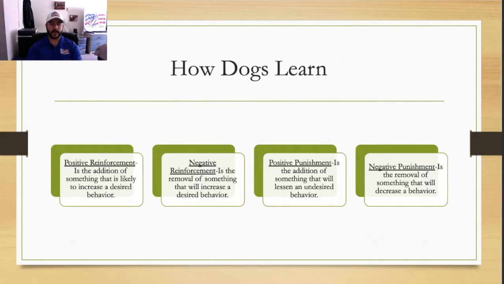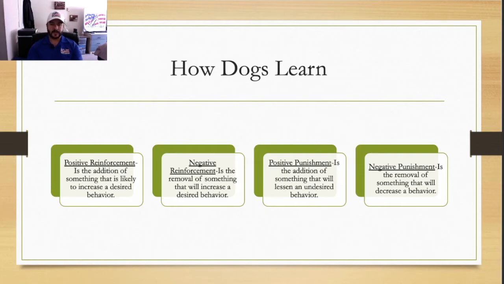So now we're going to move on to how the different types of conditioning apply. The next part that we're going to go into is positive reinforcement, positive punishment, and negative punishment. The first one is positive reinforcement. Before I go into that, yet again, if you're a trainer, you should already know this.